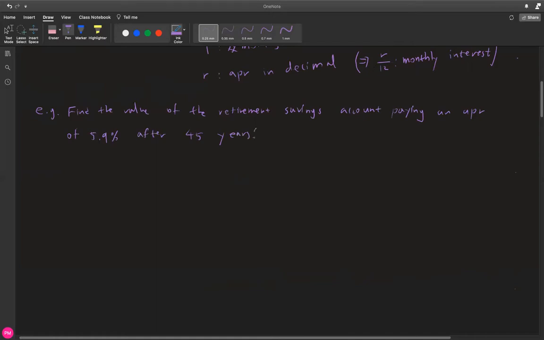And here, when making contributions, it's assumed that contributions are made at the end of each year, just to keep everything uniform. So contributions made at the end of each year.